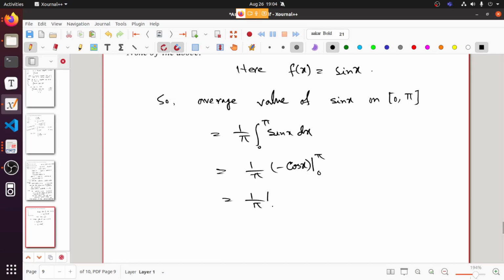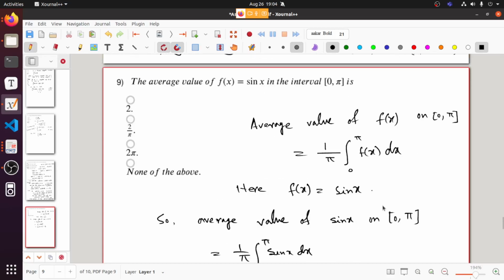If you put the value at the point pi, cos pi is minus 1, so it's 1, and at 0, cos 0 is 1, so minus of minus 1, right? This means it's 2 by pi. So the average value of sin x in 0 to pi is 2 by pi. So which option is correct? Option number 2 is correct, right?